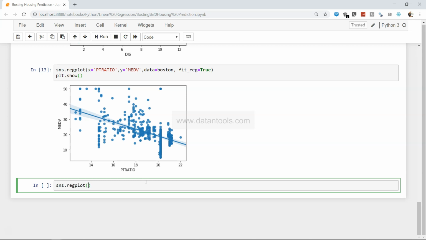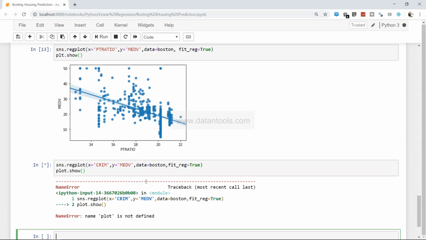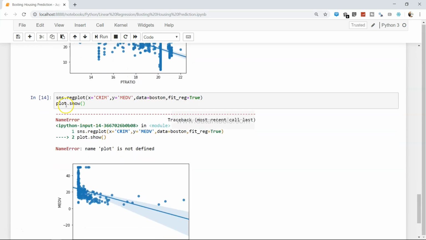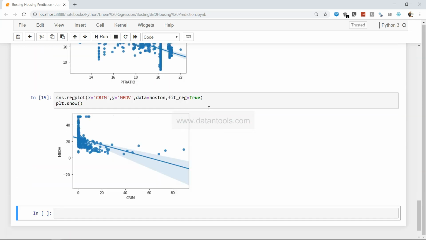So sns.regplot, we will say x equals CRIM and y equals MEDV, data equals Boston, fit_reg equals True, plt.show. Okay, so negative correlation, as you would expect, along with some critical boundaries that it is giving you the information.